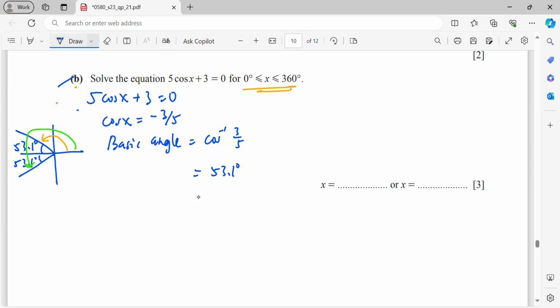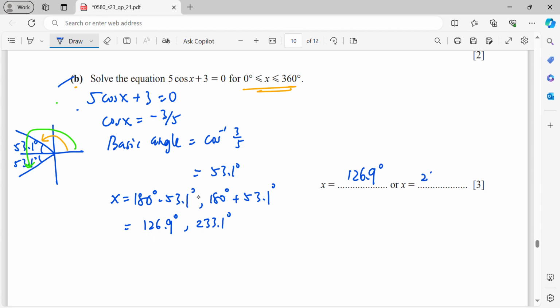So I will get x equals 180 degrees minus 53.1 degrees, and another one is 180 plus 53.1 degrees. That is going to be 129.6 degrees, and the other one is 233.1 degrees. So that's all for the solution of this part B.